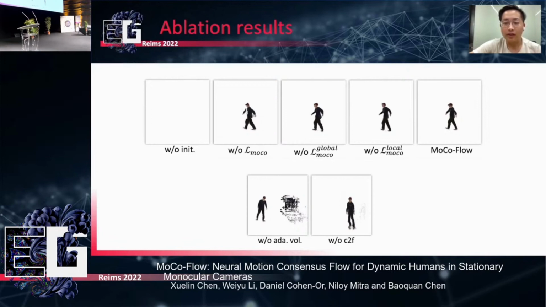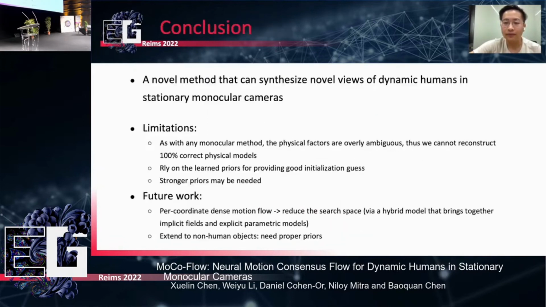Global and local motion consensus regularization help to preserve the geometry intact and continuous. Without the adaptive bounding volume, we observe plenty of noisy artifacts in novel views. Without coarse-to-fine regularization, the optimization is very unstable and leads to noisy imagery.